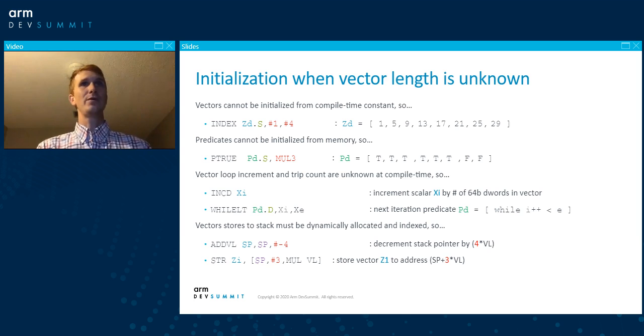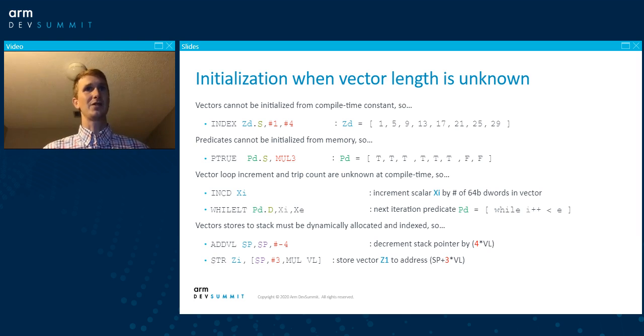Similarly, if you don't know the vector length until runtime, how do you initialize constants? There are special instructions like index and ptrue, you see them here, that allow you to generate sequences or series of numbers that fit into your vector. For instance, I can use the index instruction to say, fill my SVE vector z0.s with integers beginning from number 1 and incrementing by 4 until the vector is full.